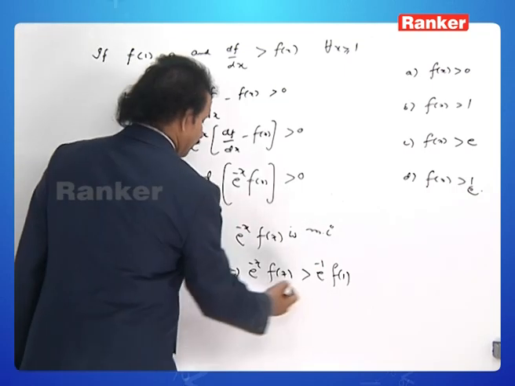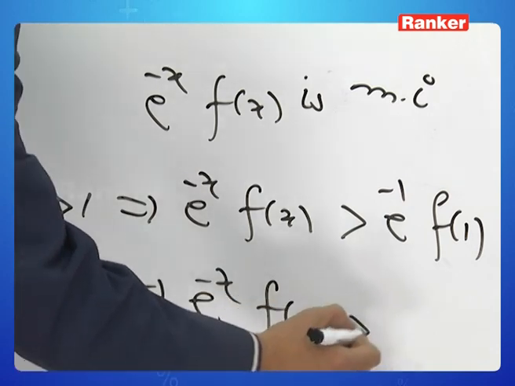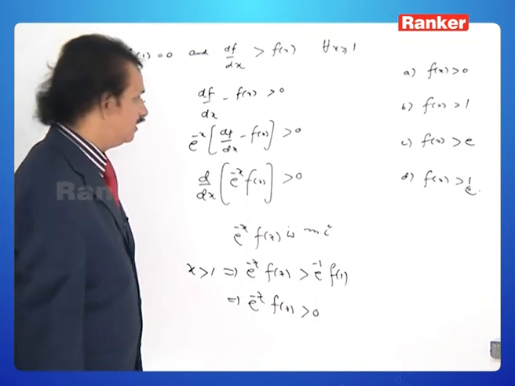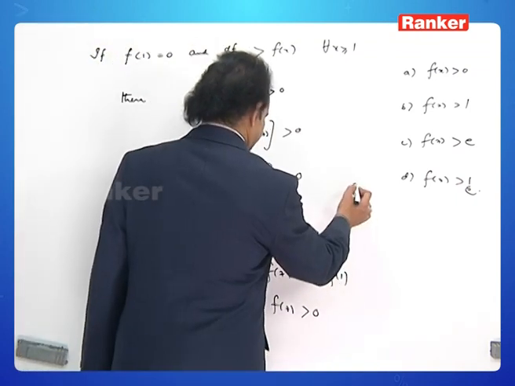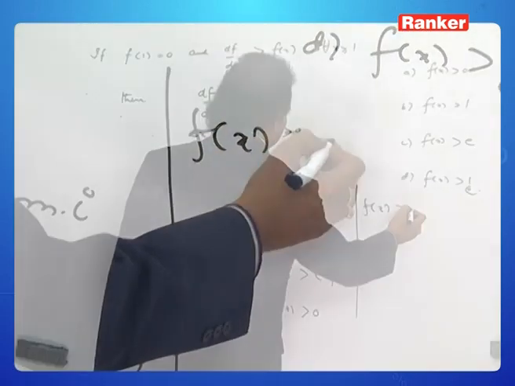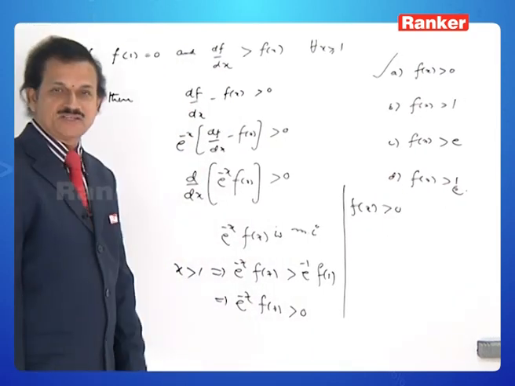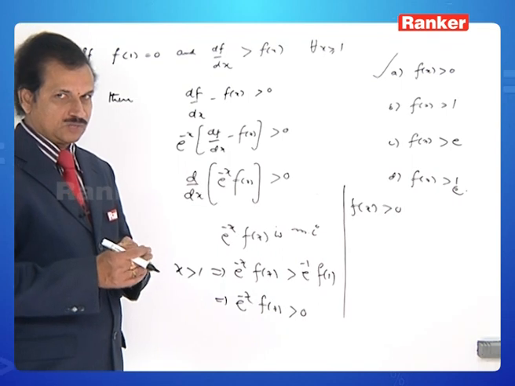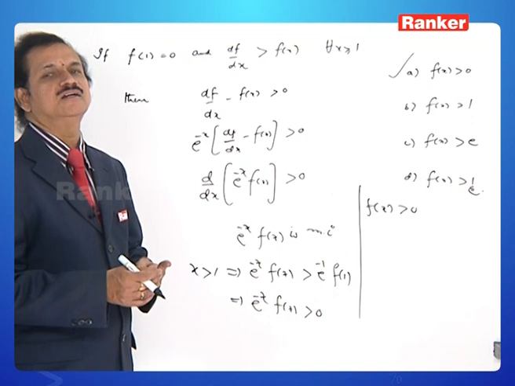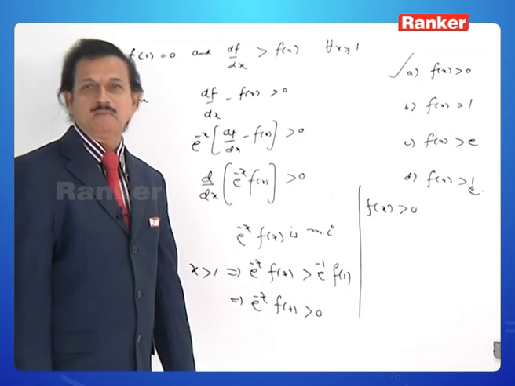But f of 1 is 0, implies e power minus x into f of x is greater than 0. But you see, e power minus x is absolutely a positive number. So, you can divide or multiply with e power x on both sides, so you have f of x is greater than 0. First option is the right option. So, here, this is the problem in which linear differential equations and monotonicity both are involved. That is why we can say that this is a special problem.